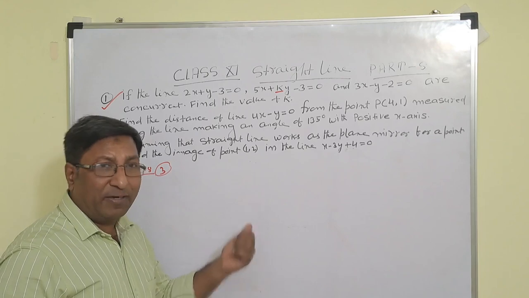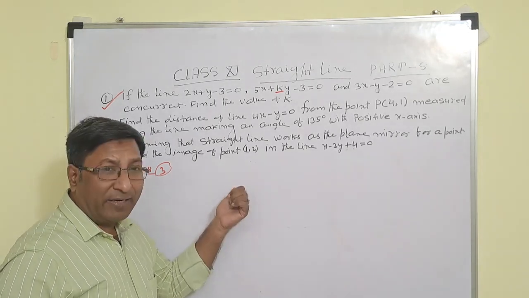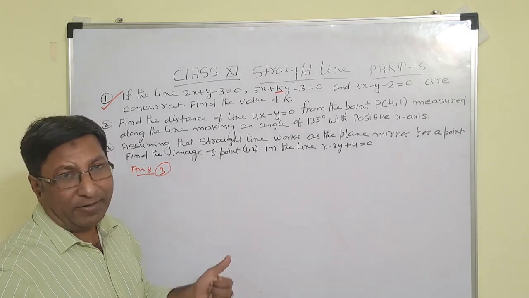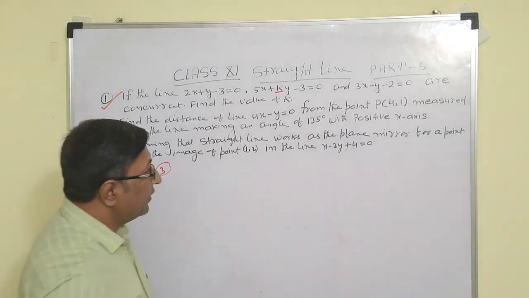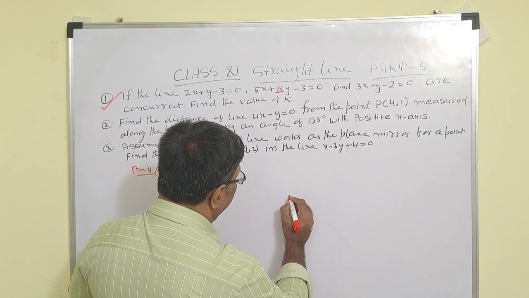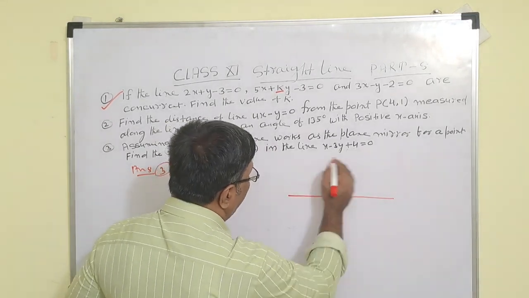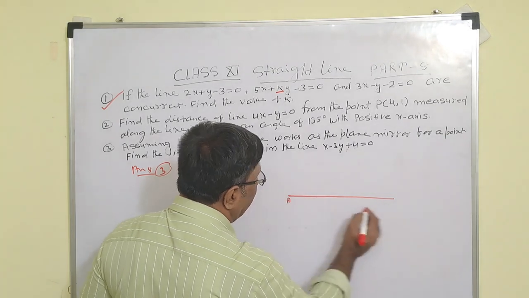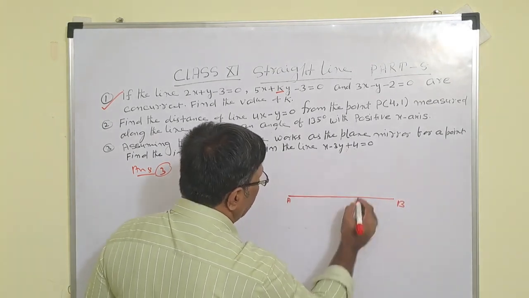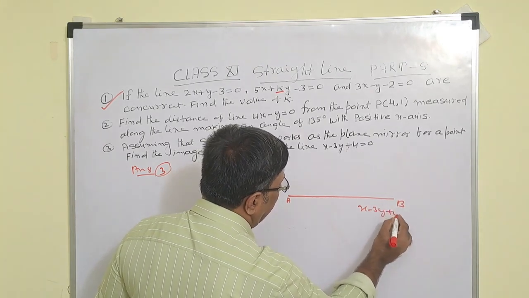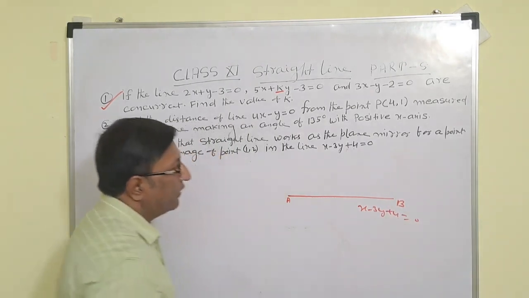This is the most important question and it is a model question. Any time you are given one point and the equation of a line, and you have to find the image of this point, how can we find it? Suppose this is the given line AB, and the equation of this line is x minus 3y plus 4 equals 0.